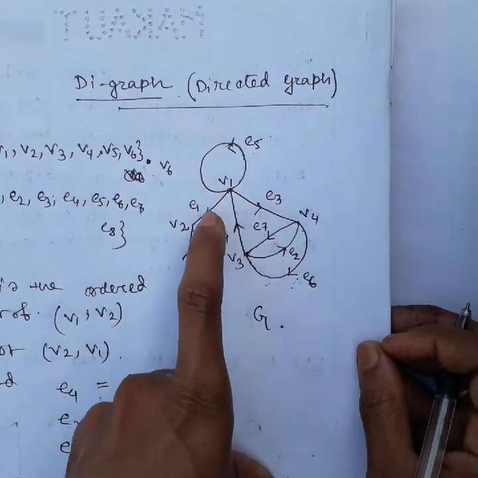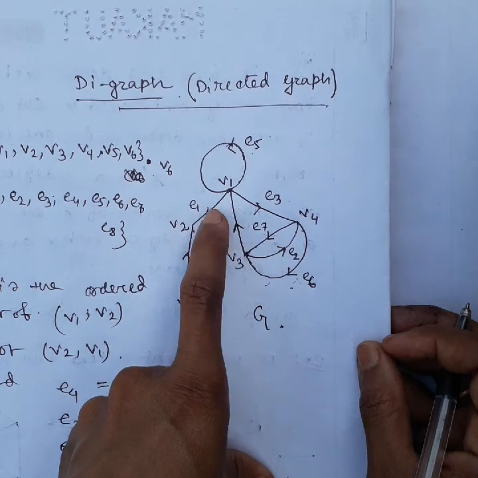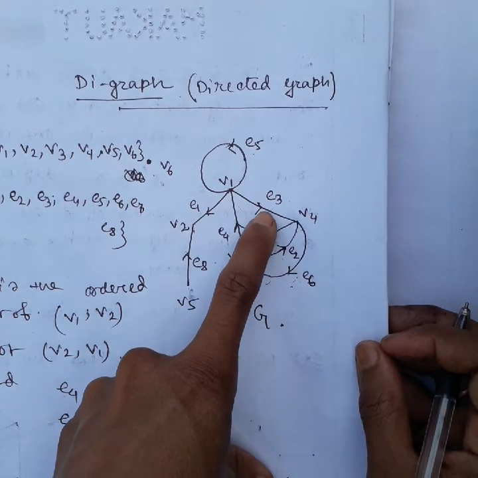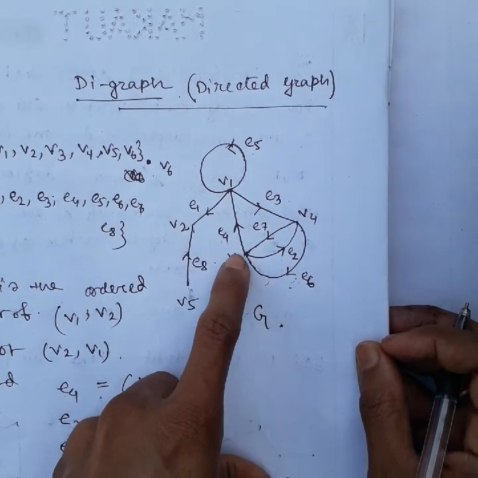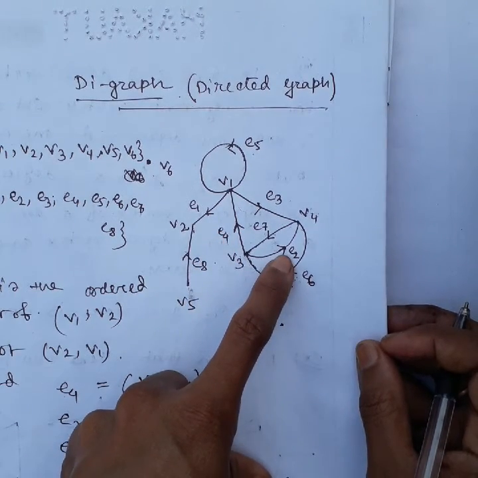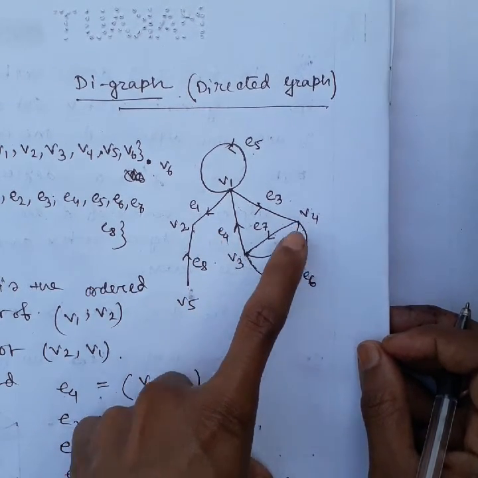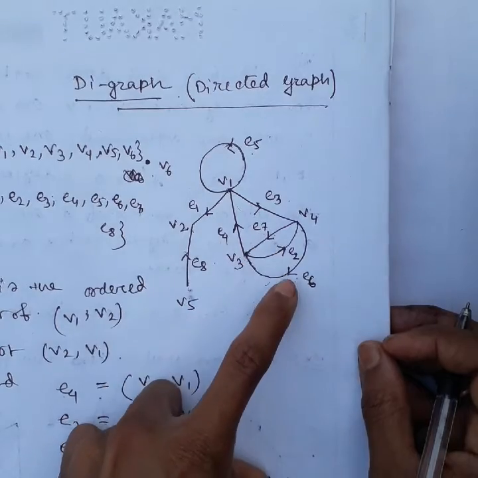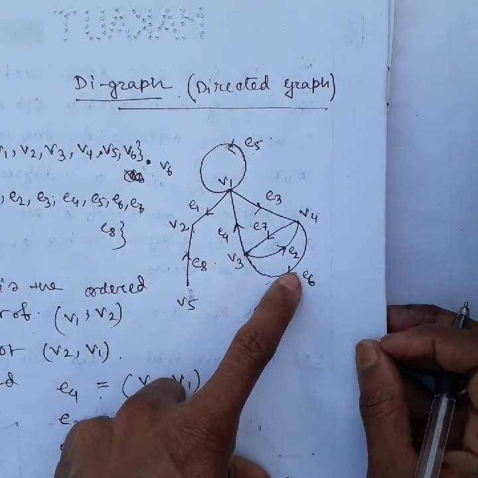Similarly, V1 is the initial vertex of E1 and E3. V3 is the initial vertex of E4 and E2. Clear? V4 is the initial vertex of E7 and E6.